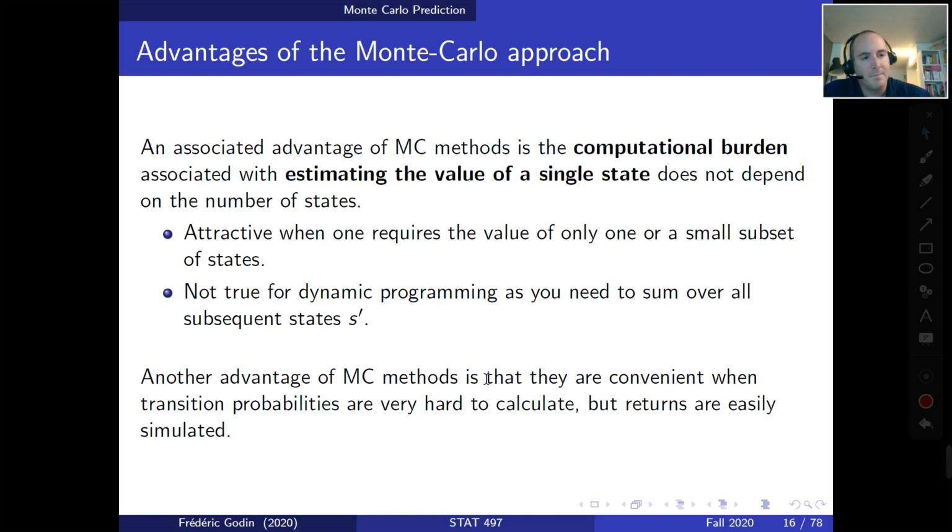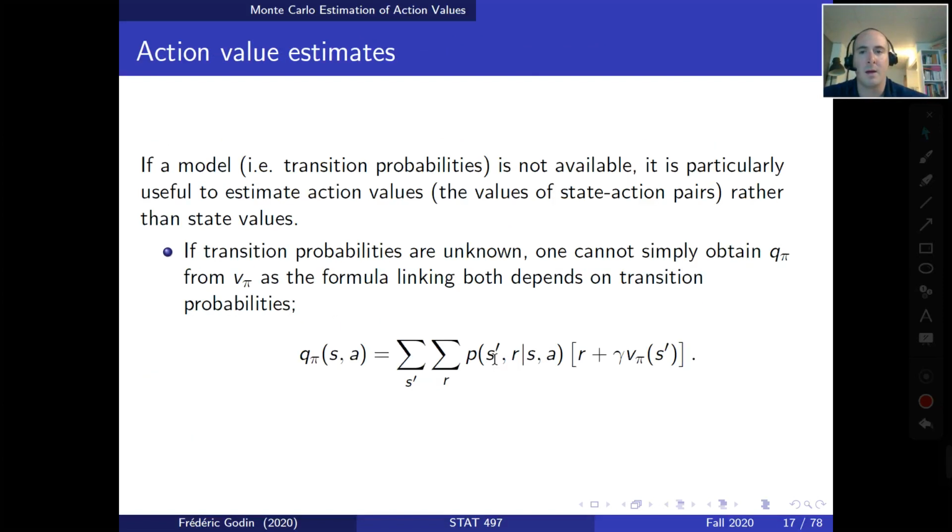Simulating blackjack or poker episodes is much easier in practice than calculating transition probabilities. So it's much easier to use Monte Carlo simulation, where you can simulate episodes easily and learn from them, meaning averaging the rewards you obtain from given states, rather than computing transition probabilities and applying the dynamic programming schemes of the previous chapter.